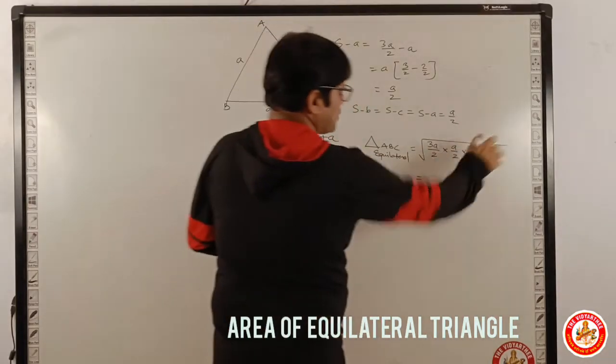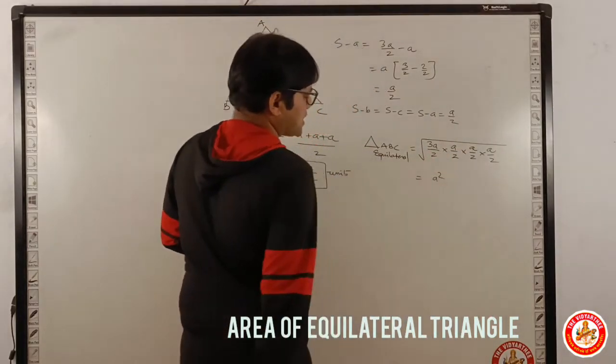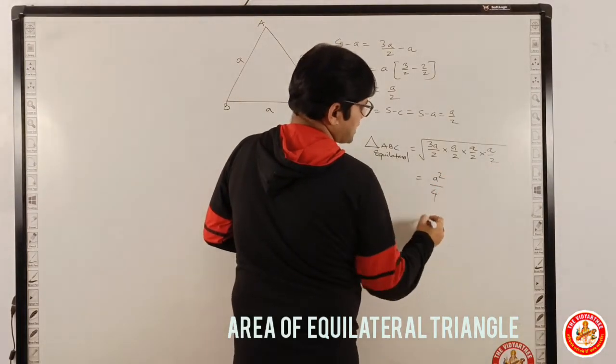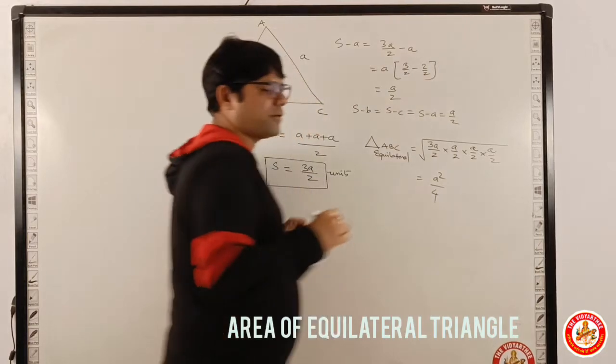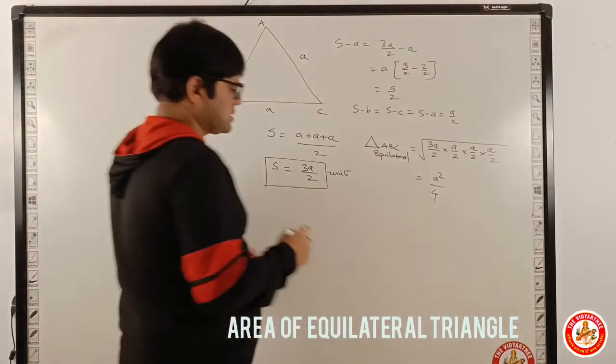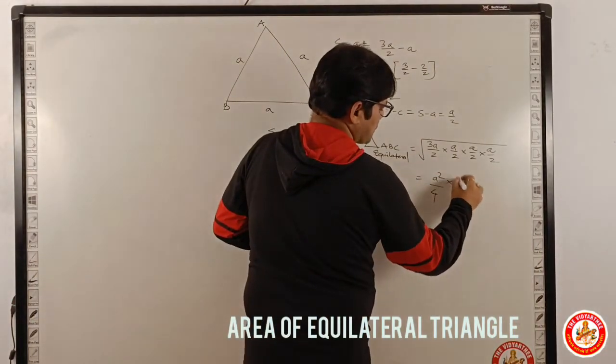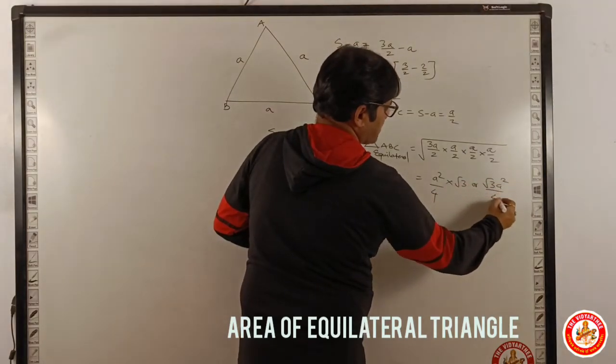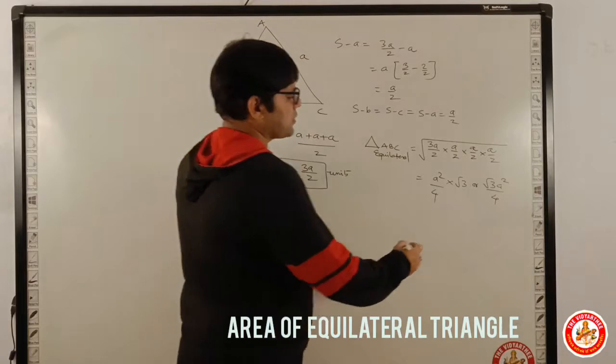Right? So we have 4 times A, that means A square comes outside. 4 times 2, that means 4 comes outside. The square root of 3 is an irrational number, so it stays as root 3. Or you can simply write this as root 3 times A square by 4 square units.